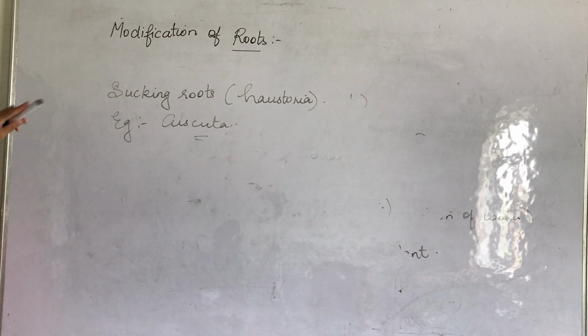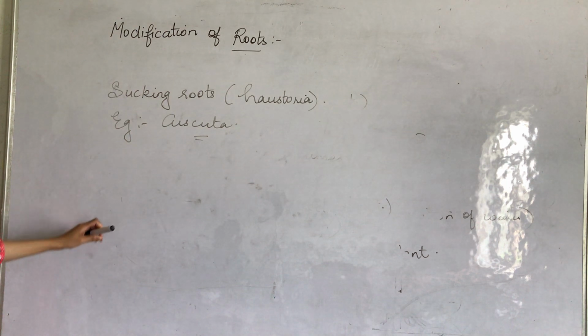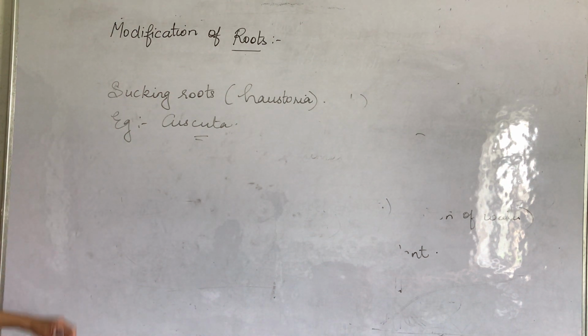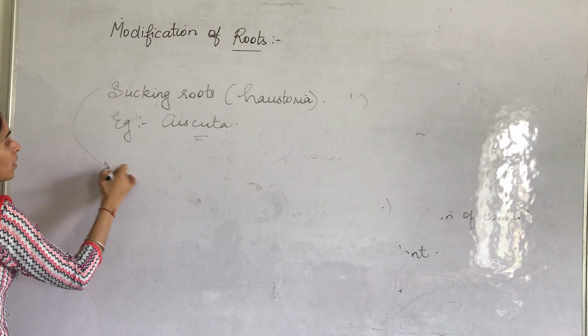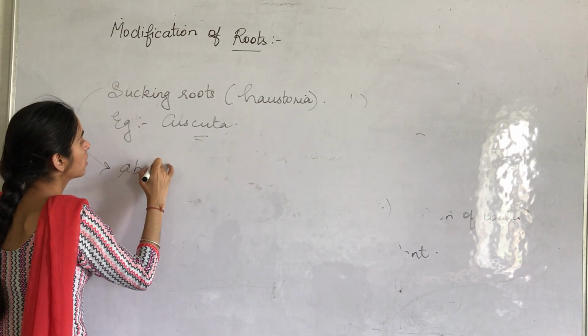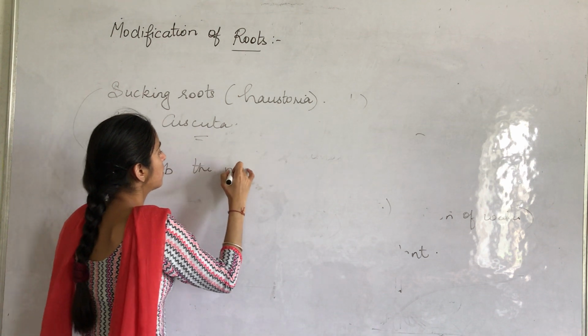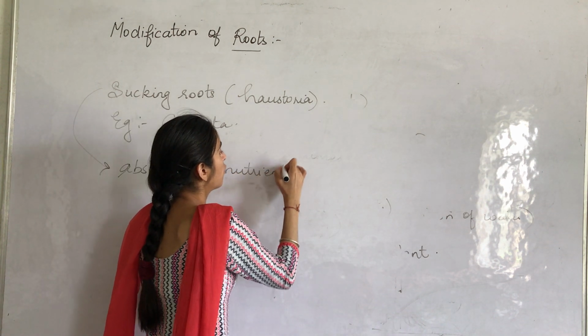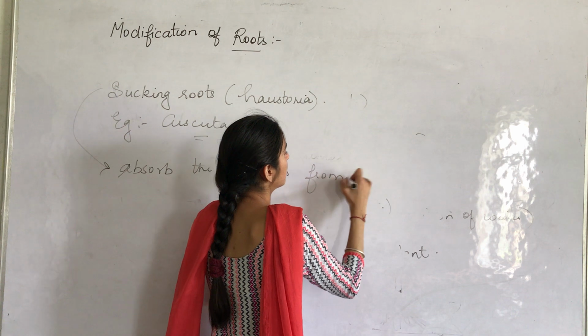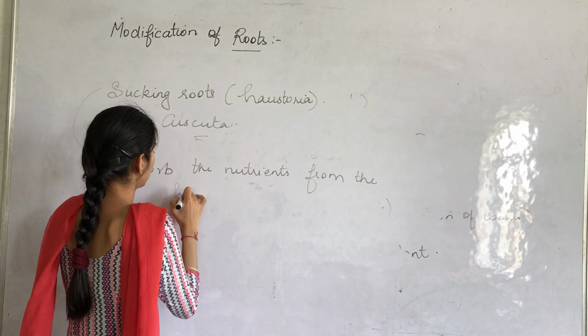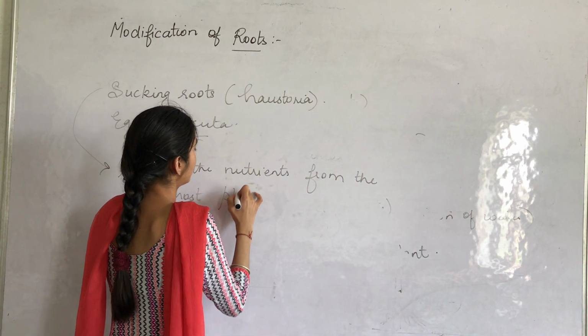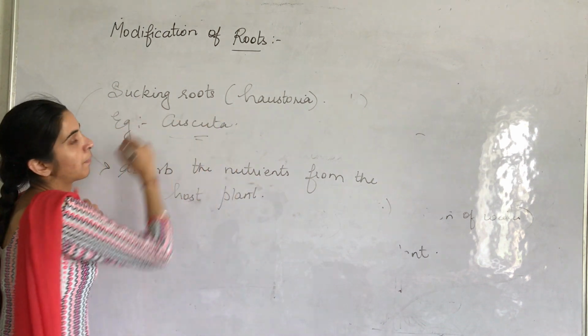The roots help the plant to suck nutrition from the host plant. What is the function of these sucking roots? They absorb or suck the nutrients from the host plant. These roots are generally found in Cuscuta.